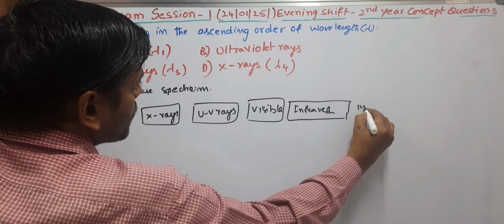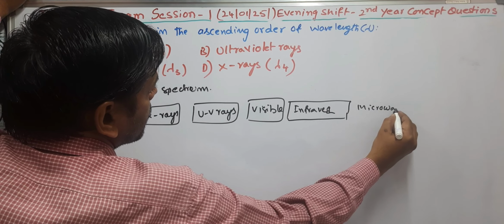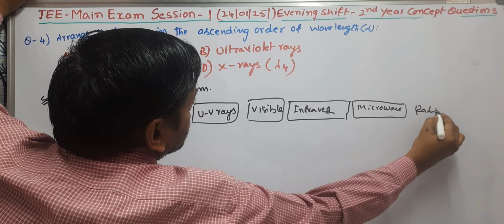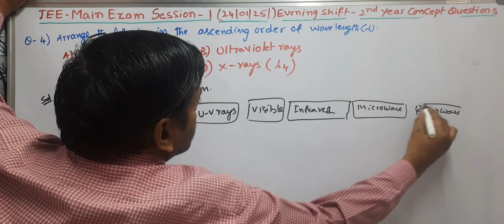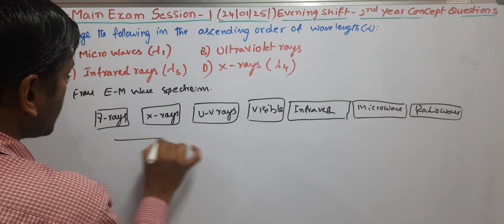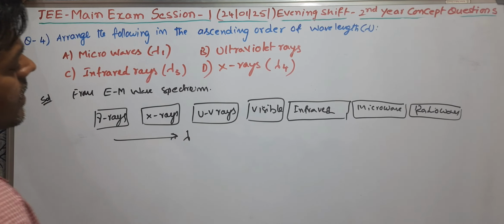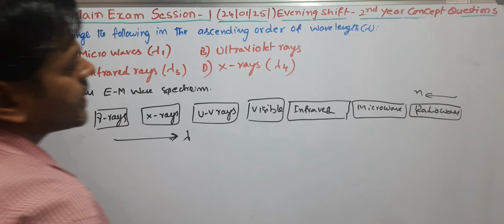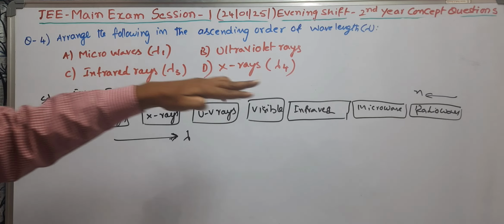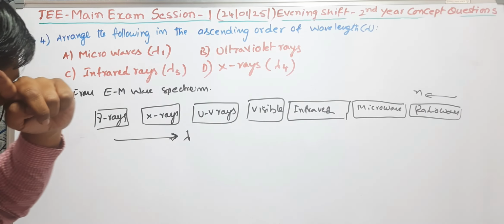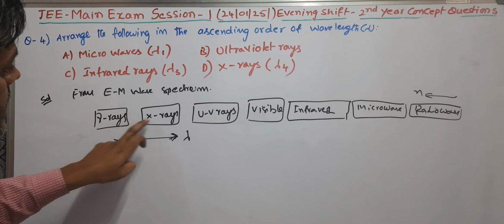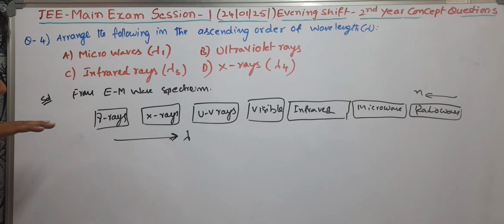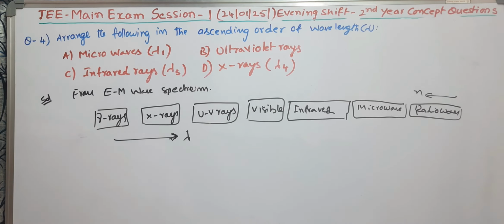Next is microwave, and the last is radio waves. This is the exact order of increasing wavelength. Along the opposite direction, frequency increases. That is gamma rays, X-rays, UV rays, visible, infrared, microwave and radio waves in ascending order of wavelength.